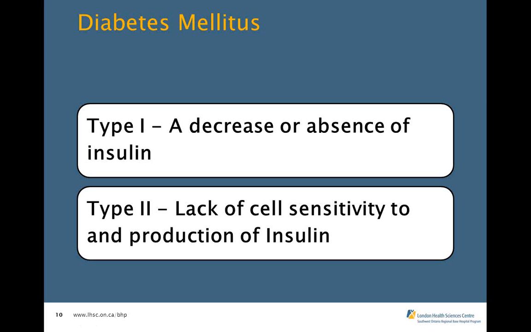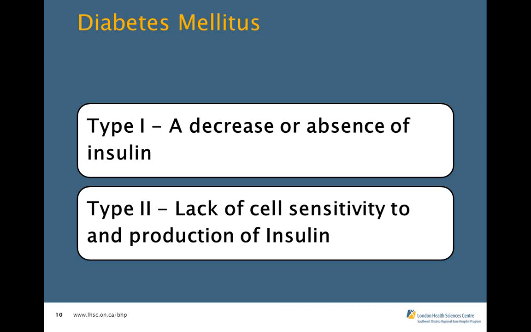So when we talk about diabetes mellitus, there's two different types essentially. Our type 1, or juvenile onset diabetes, the pancreas is usually not working, so the patient requires a constant supply of insulin, either by a pump or by injection.